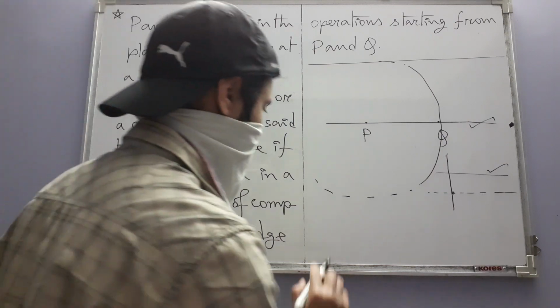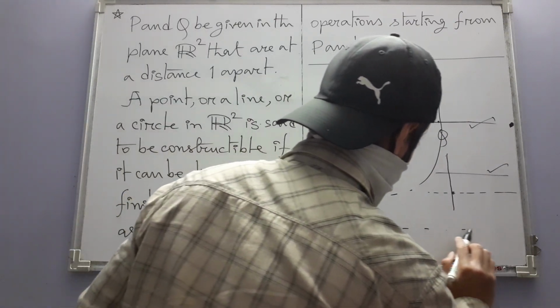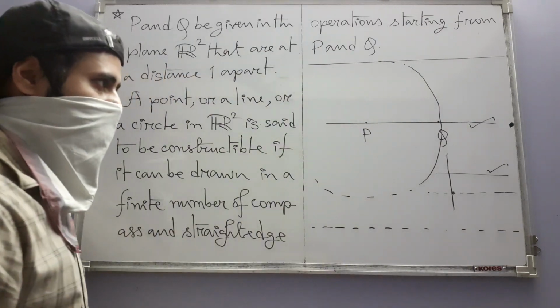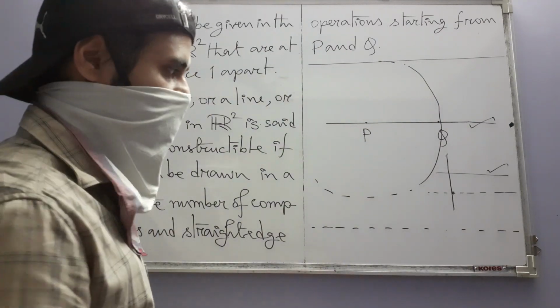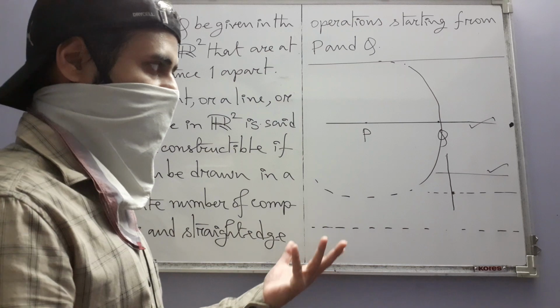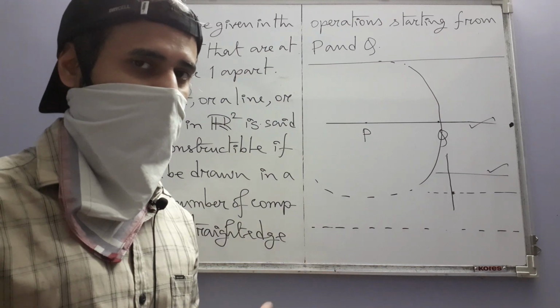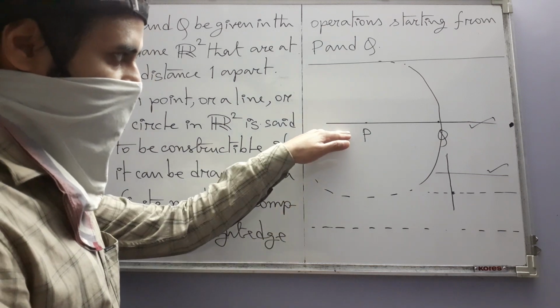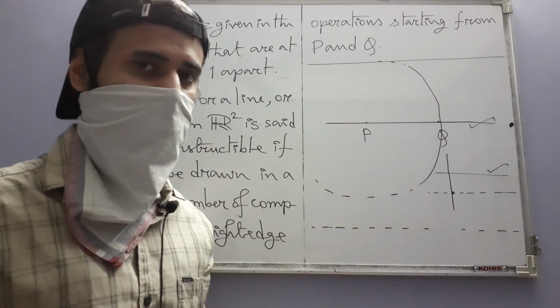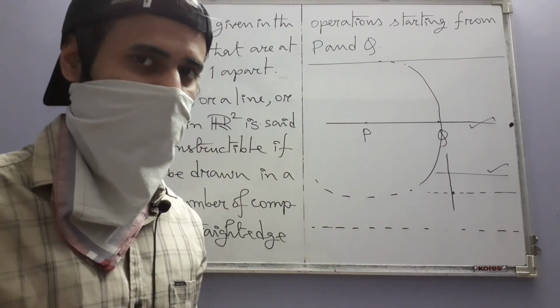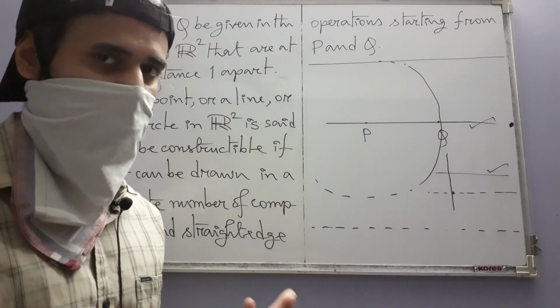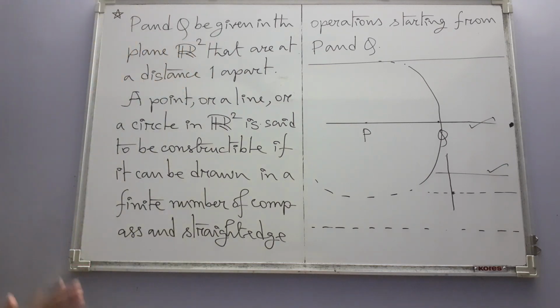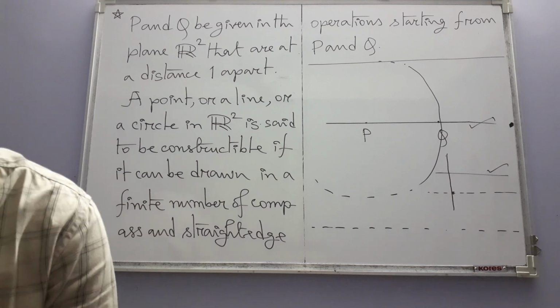Okay, so now you get the idea of how to use those compass and straightedge operations and what sort of figures you can get. You can in fact get many different types of figures. Just this simple example does not show the full variety of figures that you can get, but you get the basic idea. Okay, so now we continue our definition.